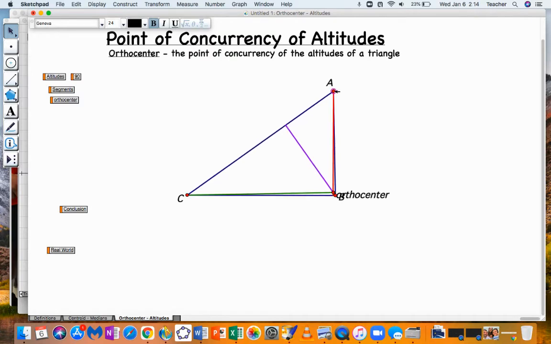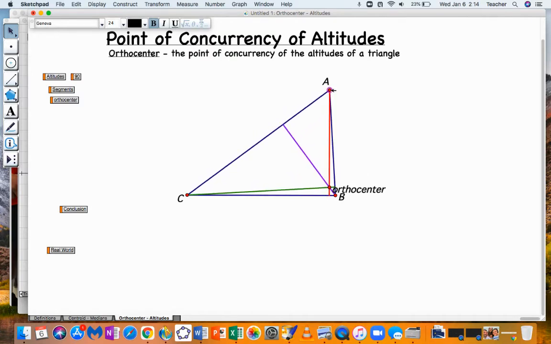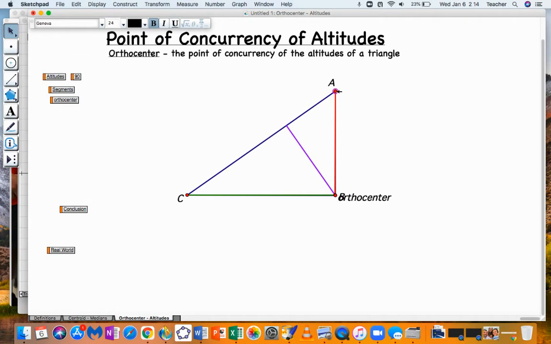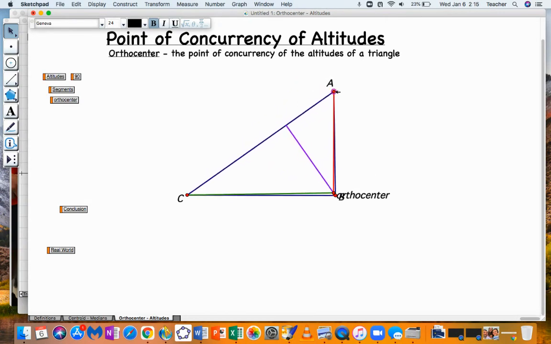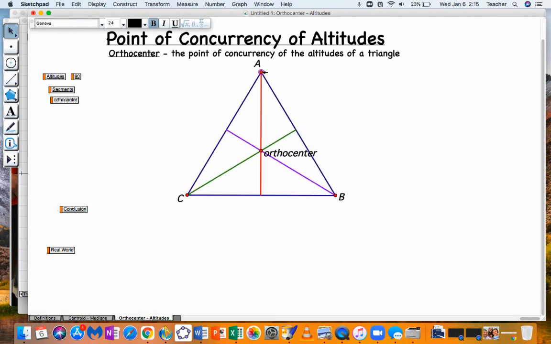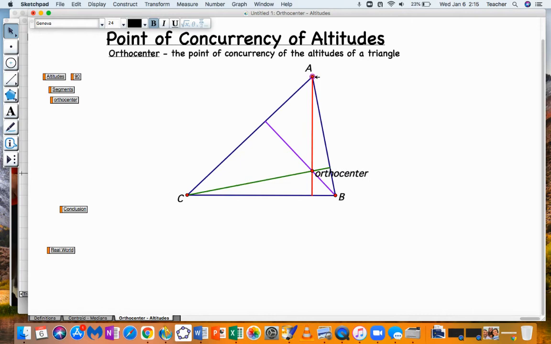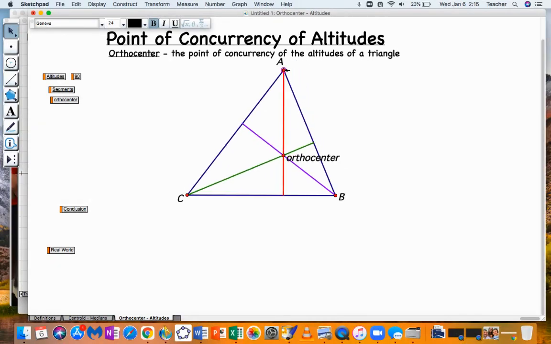Where's the orthocenter now? It's on that right angle. It's not just on the triangle, it is on that right angle, which should make sense because that's what an altitude actually is. Back in the day when you did area of triangles and you had to get the altitude in order to get one half base times height, that's what it was. It was 90 degrees.